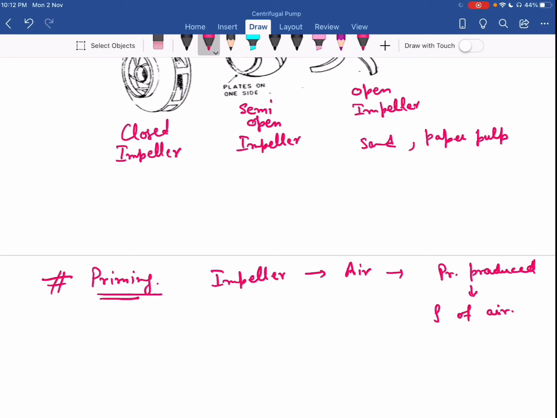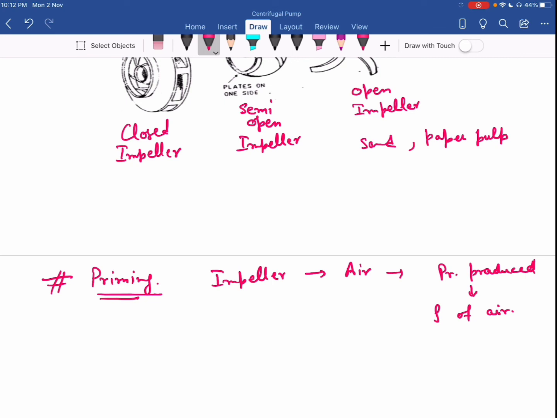This pressure produced, this head developed, is not enough to raise the water level to the required height. It is not that much head which takes water from the sump to the impeller and delivers it to the required height.